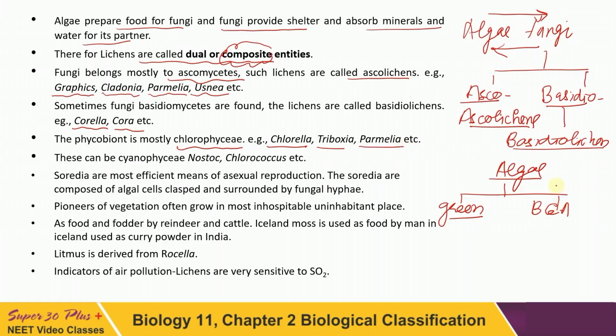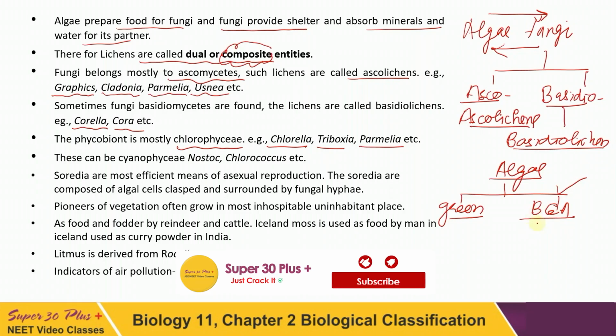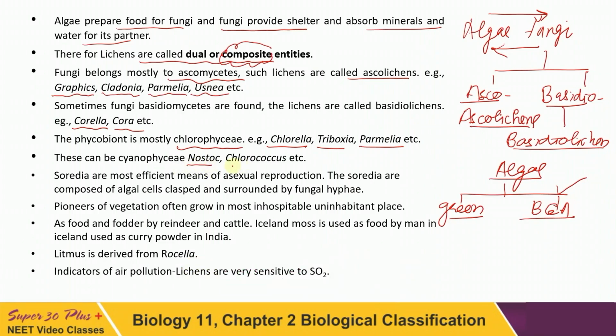In the same way they may be blue-green algae, which have been kept in kingdom Monera. Some members of blue-green algae found in lichens are Nostoc and Chlorococcus.